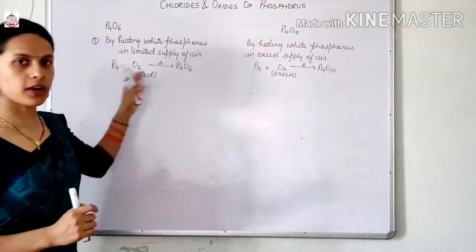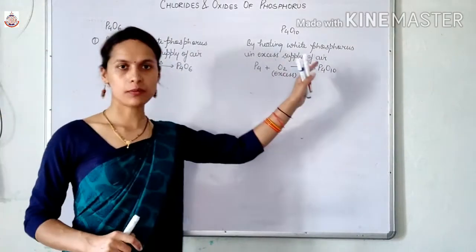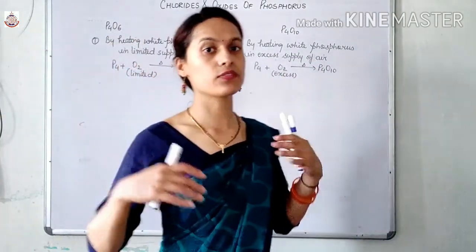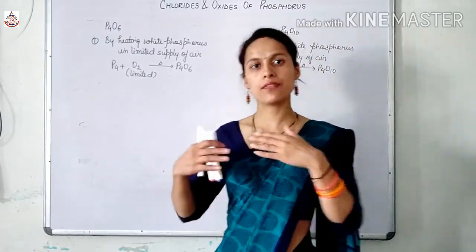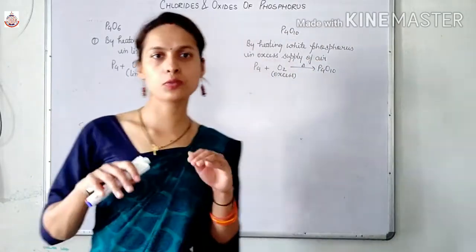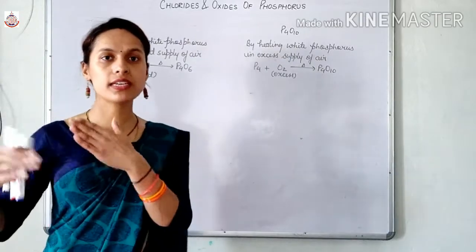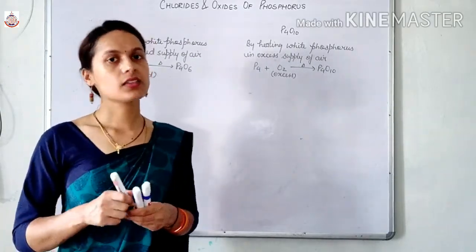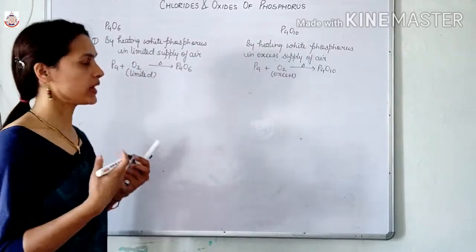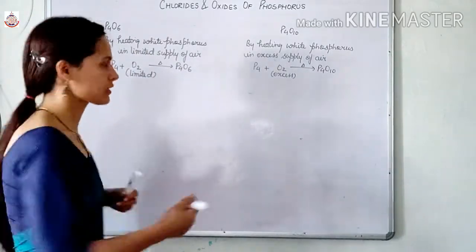So this is all about the preparation of P4O6 and P4O10. It's a simple method: we heat the white phosphorus in the presence of oxygen. If it is in limited amount, it forms P4O6, and if it is in excess amount, it forms P4O10.